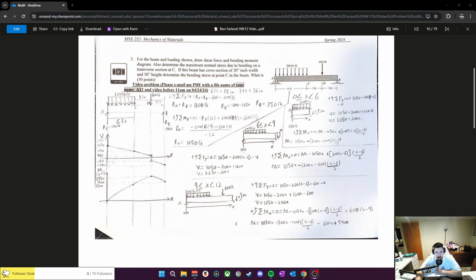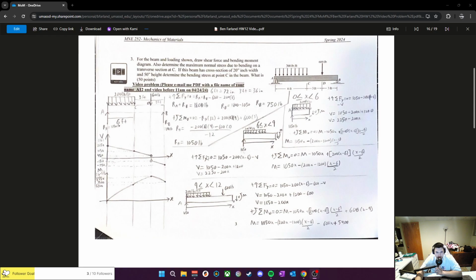After that, you can use the moment at B to find negative R A times 12 feet plus 200 times 6 multiplied by 9, because that's the distance from the center of the distributed load to B. And then you also add the 600 times 3, equal to 0, to find that R of A is equal to 1,050 pounds.